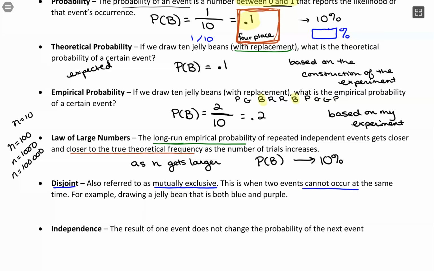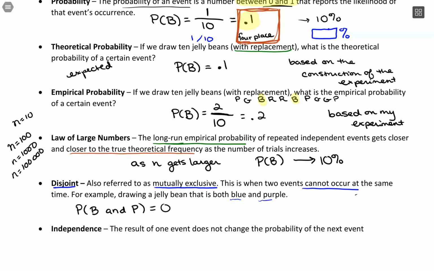For example, if I'm drawing a jelly bean and I want the probability that it is blue and purple, that's not possible here. They're disjoint, because that probability would just be 0, since there aren't any jelly beans that are both blue and purple. We have blue or we have purple, but we don't have both. So they're separate from each other.